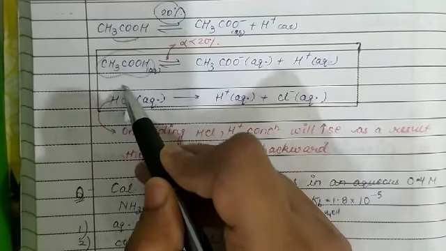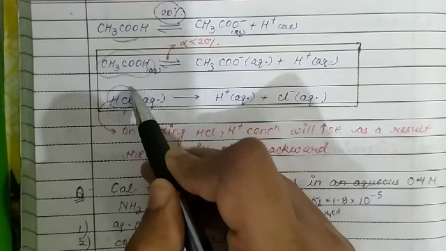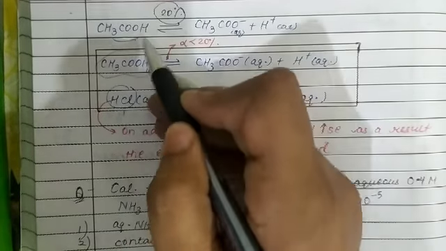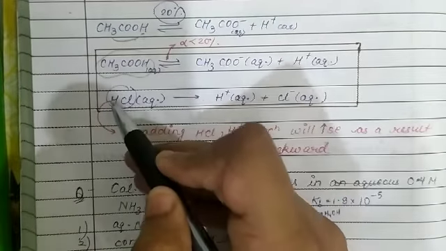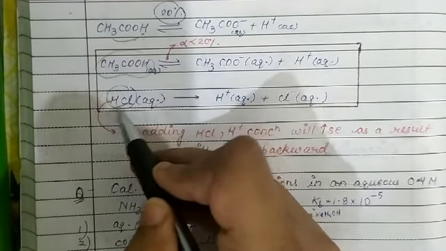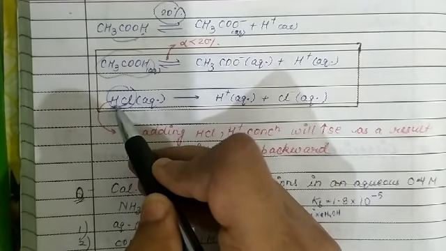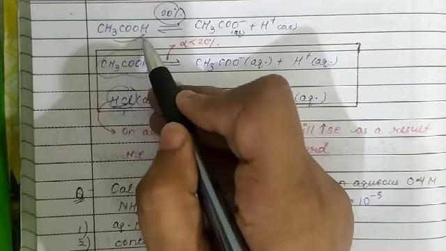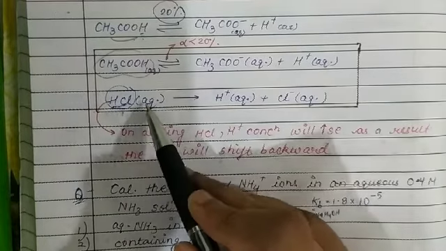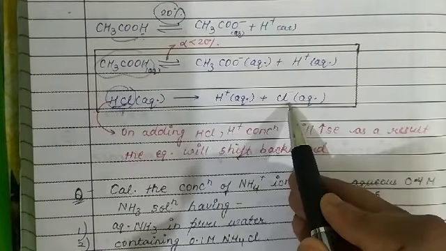Now we have added a strong electrolyte containing a common ion. Taking H plus as the common ion, we have added HCl. HCl is a strong electrolyte and also has the common ion H plus which is present in the weak electrolyte. Now HCl will dissociate into H plus and Cl minus.